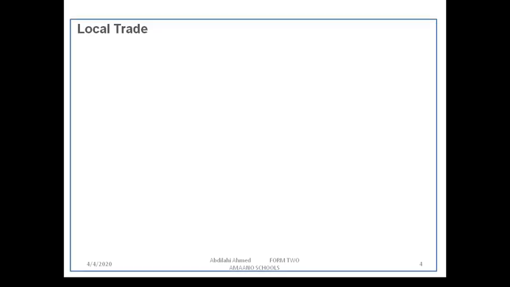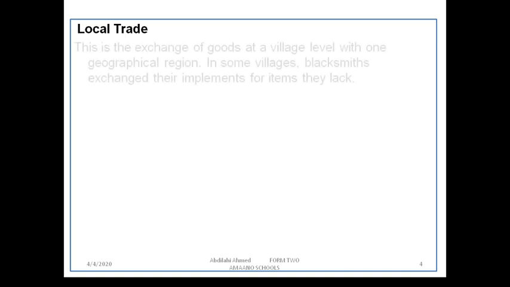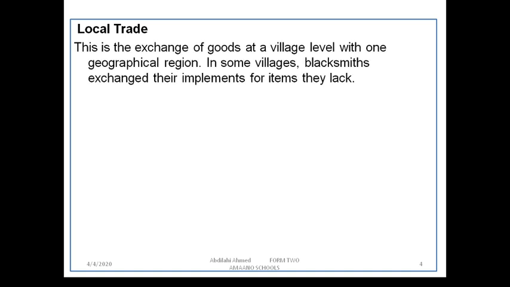Okay, and now let us go to the first one. We talked about local trade, the exchange of goods at a village level within one geographical region. So now look at here. In some villages, the blacksmiths exchanged their implements for items they lacked.